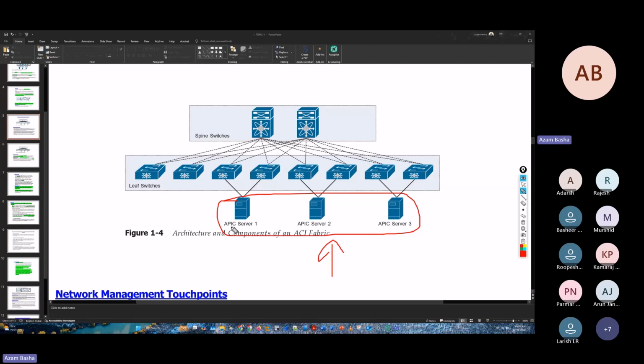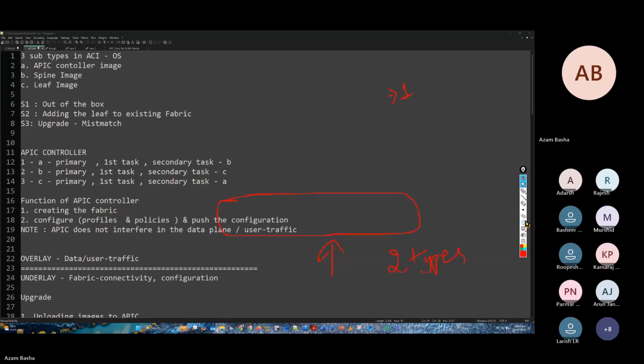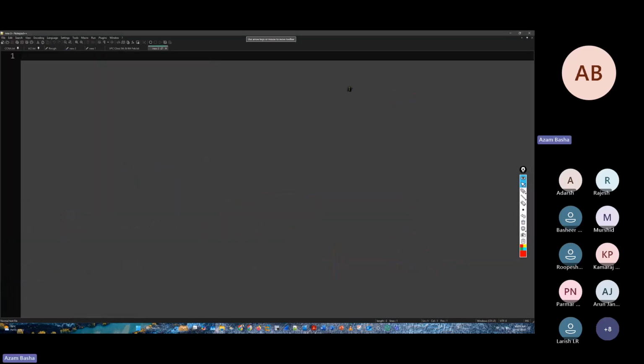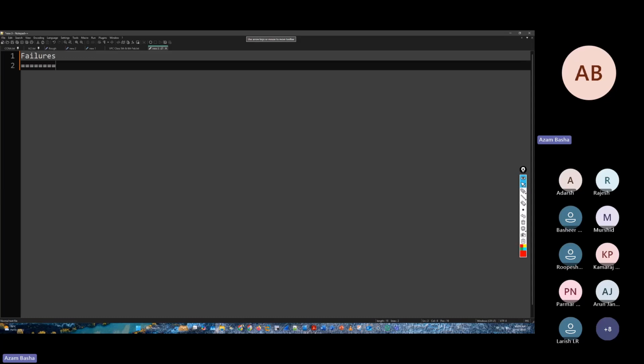If you see for the failover, there are two types of failovers. As a network engineer, we all have come across this. Types of failures: there are two types.